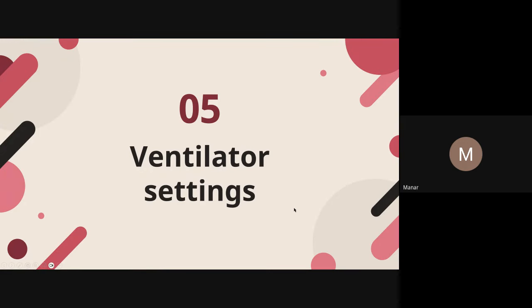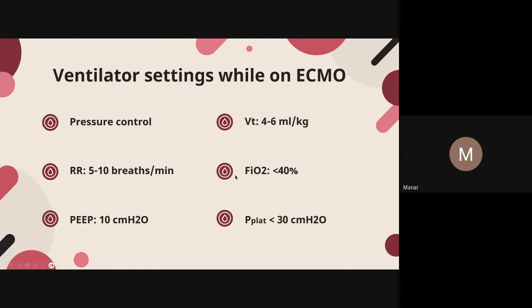Now, as for the ventilator settings while the patient is on ECMO, it's advisable that we keep the patient initially on pressure control and on a very low rate of 5 to 10 breaths per minute. It is also advised to keep the PEEP of 10 initially, and then we can titrate the PEEP depending on the patient's condition.